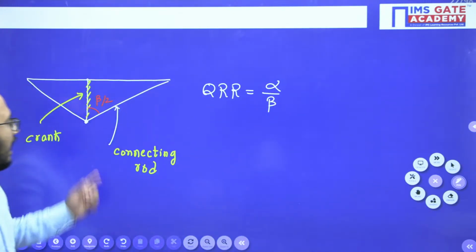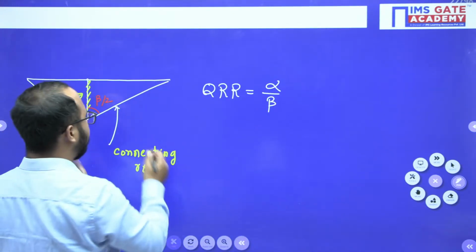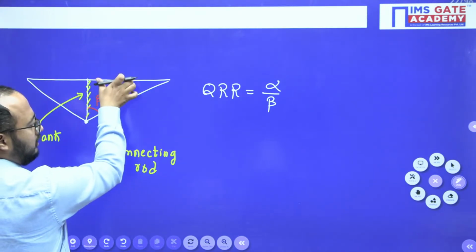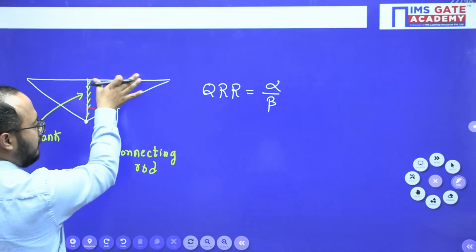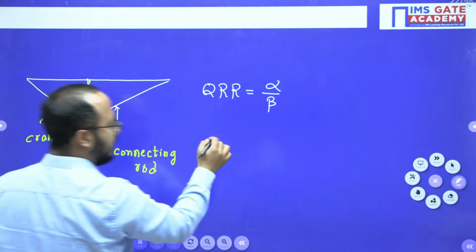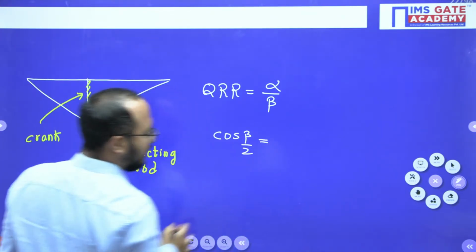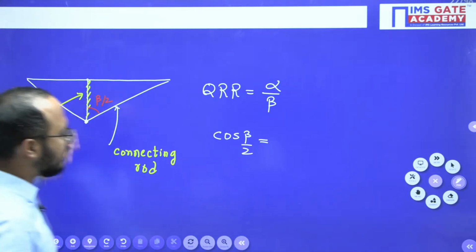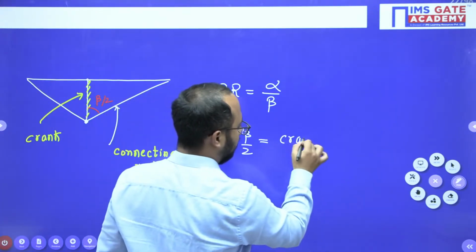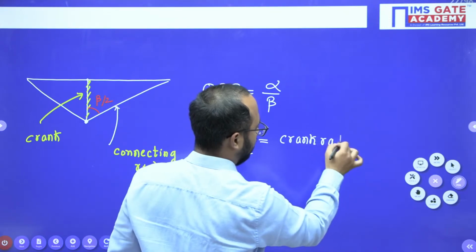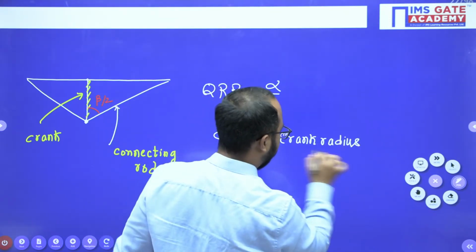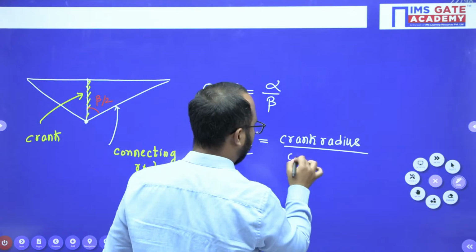Okay. Now how will you calculate beta here in this case? See, the side opposite to the angle will be the perpendicular here. This will be the base. Okay. So again in this case also you will use cos beta by 2. Base upon hypotenuse. Base will be the crank radius, divided by the hypotenuse, which is the connecting rod.